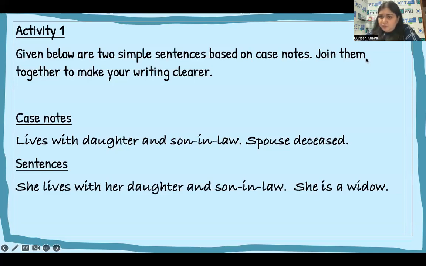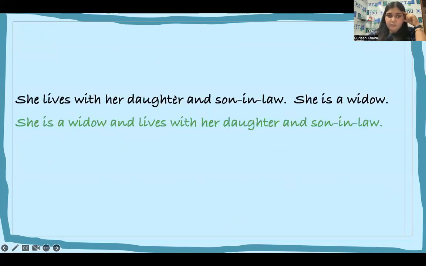She is a widow. Therefore, she lives with the son and daughter. I think we can do it in a better way. So she is a widow who lives with her daughter and son. Socially, she is a widow and lives with her son-in-law and daughter. Very good. Yeah, I think we can use and to combine them.